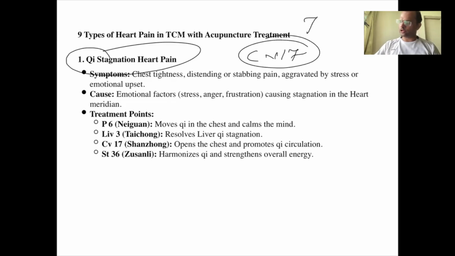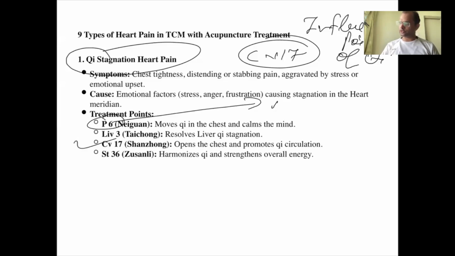CV17 is the influential point of chi. CV17, which is between our two nipples, it is the influential point of chi. Okay, so we are using CV17. It's a wonderful point. Pericardium 6 is one of the great points, a distal point of the chest.